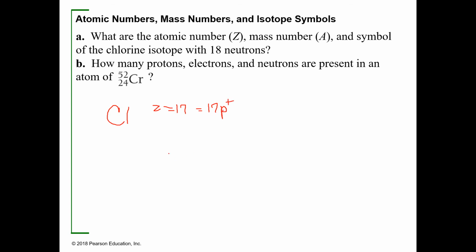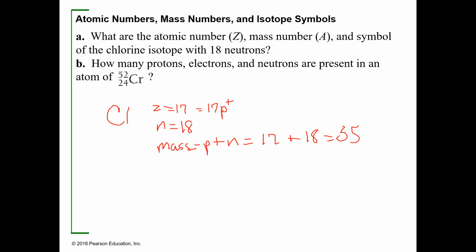Okay. It tells us that it has 18 neutrons. So then how do I get the mass number? The mass number, remember, is protons plus neutrons. So I have 17 plus 18, which is 35.